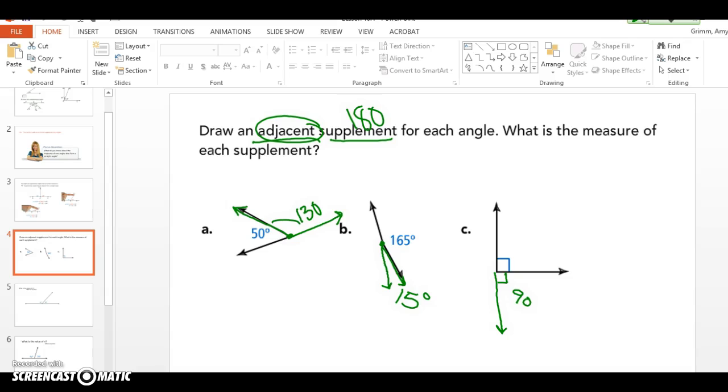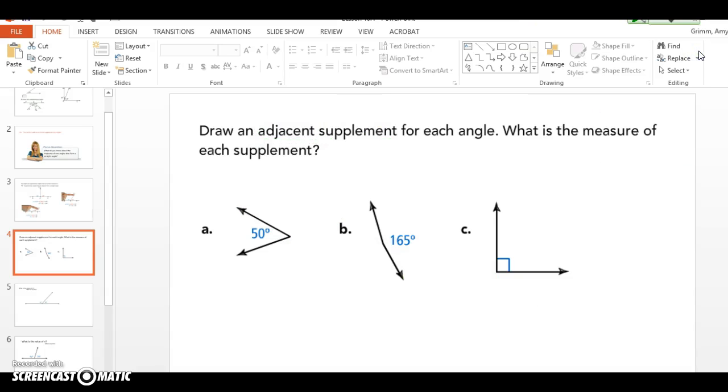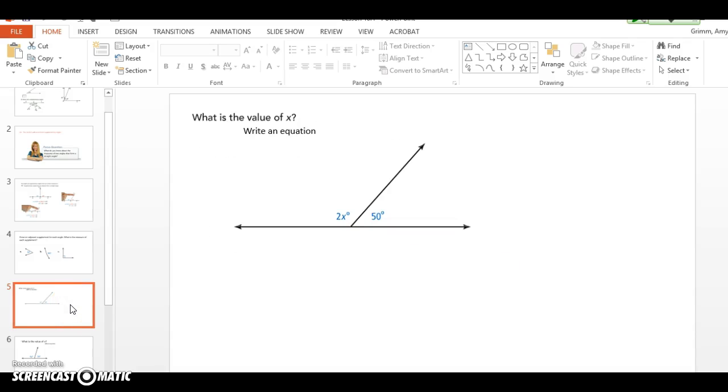Questions on that before we keep going? All right, so can we write an equation for this? So the next part of this, which we should be able to, what would be the equation to figure out what x is here? I should have almost every hand up. You guys are good at this. Jenna: 2x plus 50 is 180.